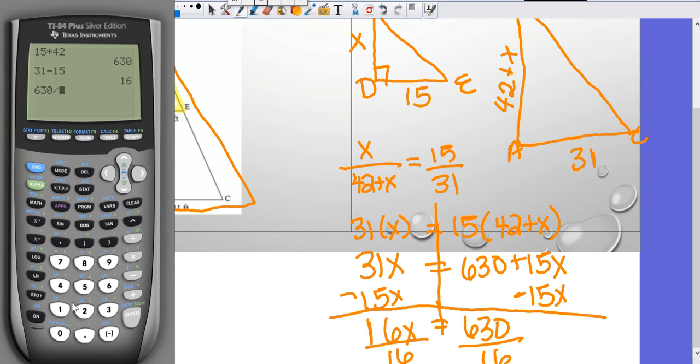630 divided by 16 equals 39.37. And as you guys know, I really don't like the decimal stuff. So we're going to say 315 over 8. I prefer you to give the exact answer, but I'll let you write both, because sometimes it might say round to the nearest tenth or hundredth. Here I'm going to tell you to round to the nearest tenth.